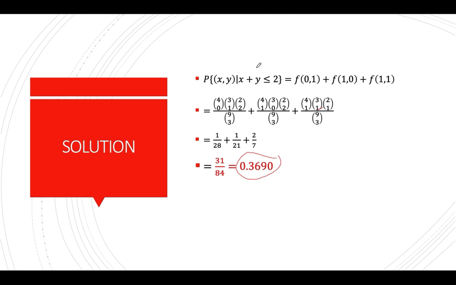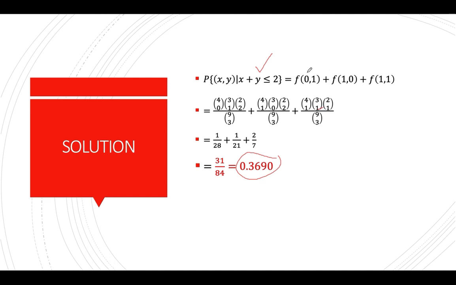All possible ordered pairs that will satisfy the inequality x plus y less than or equal to 2. Okay, x cannot be 2, no? Or y cannot be 2.